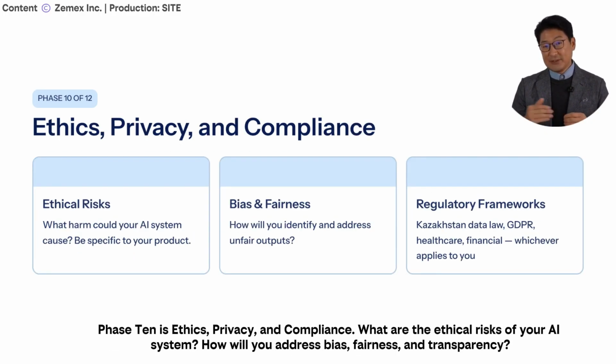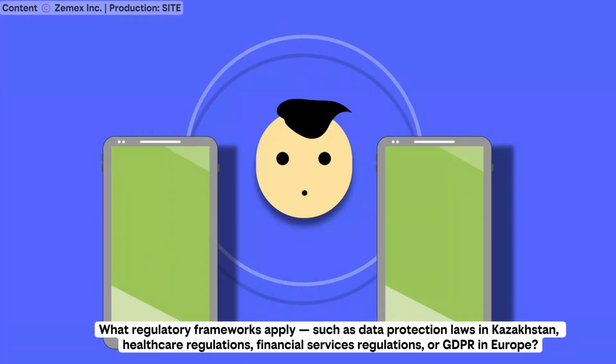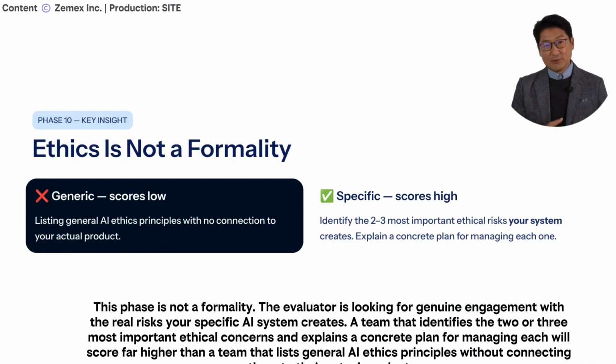Phase 10 is ethics, privacy, and compliance. What are the ethical risks of your AI system? How will you address bias, fairness, and transparency? What regulatory frameworks apply, such as data protection laws in Kazakhstan, healthcare regulations, financial services regulations, or GDPR in Europe? This phase is not a formality.